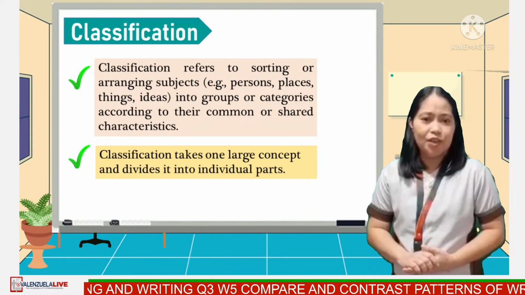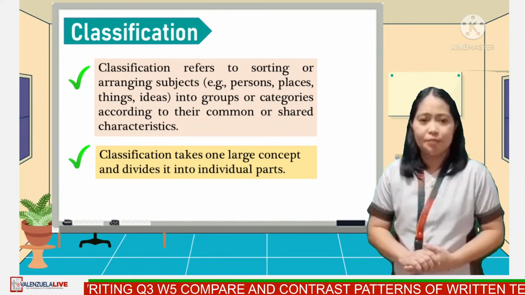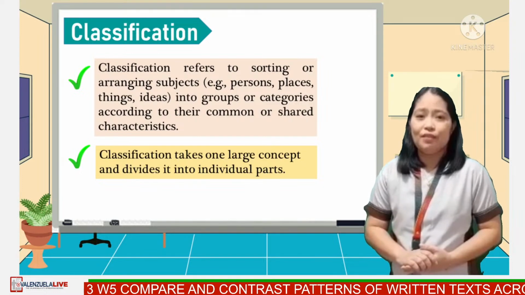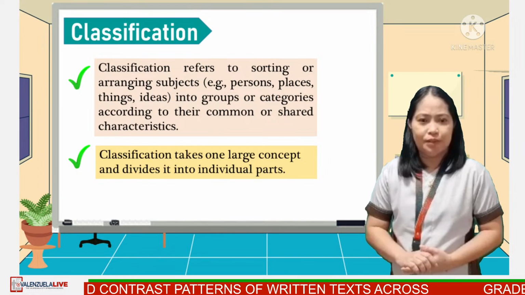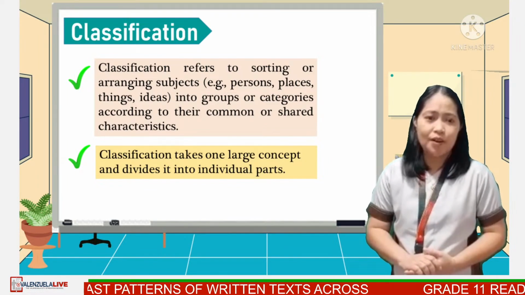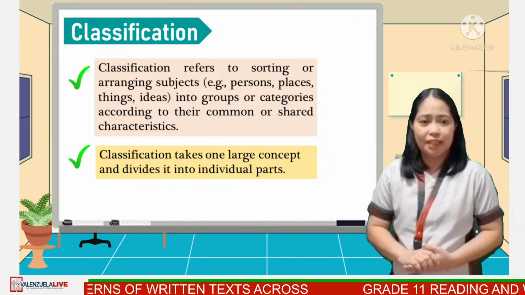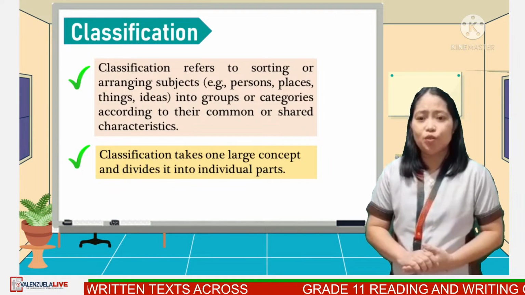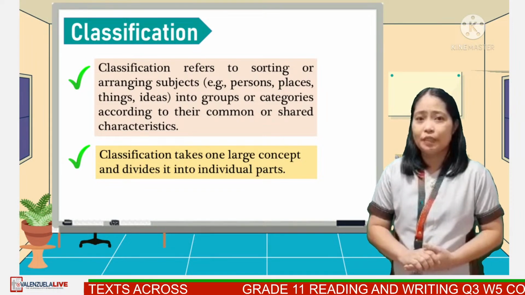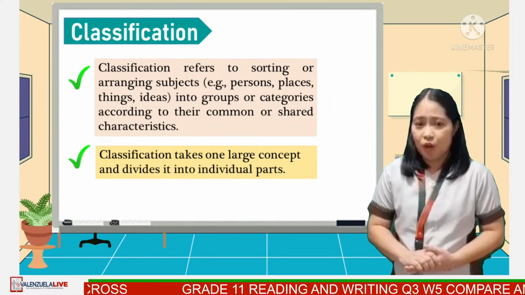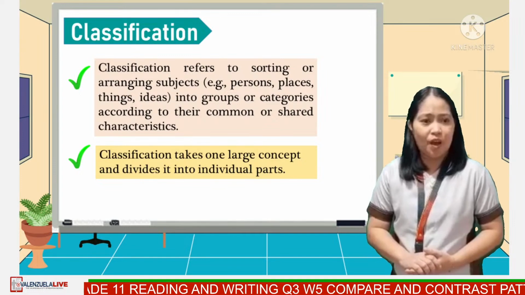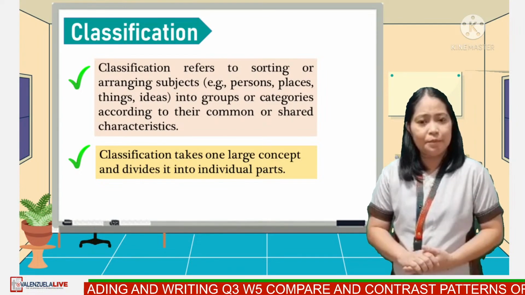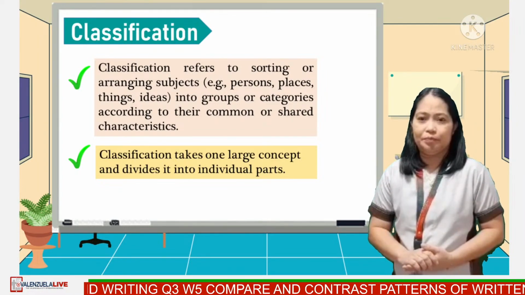When dividing, you begin with one large concept and divide it into individual parts. Think about medicine, for example. Medicine is one of the several branches of science, and it can be divided into numerous categories or specialties. Doctors can specialize in internal medicine, dermatology, the immune system, ears, or eyes.